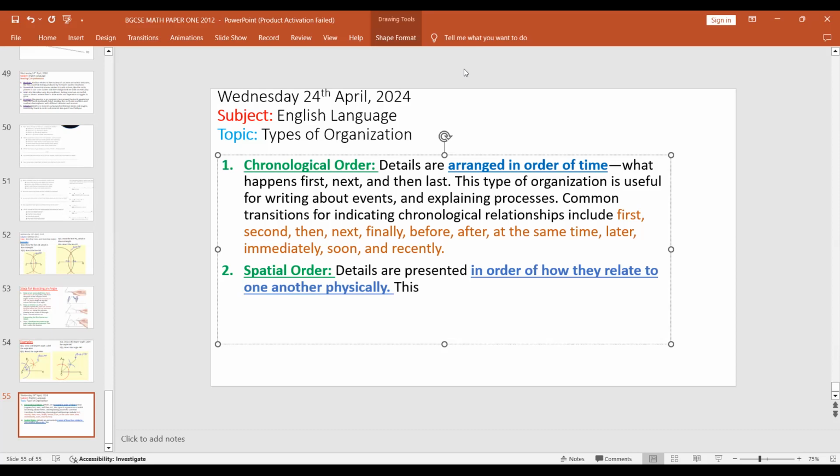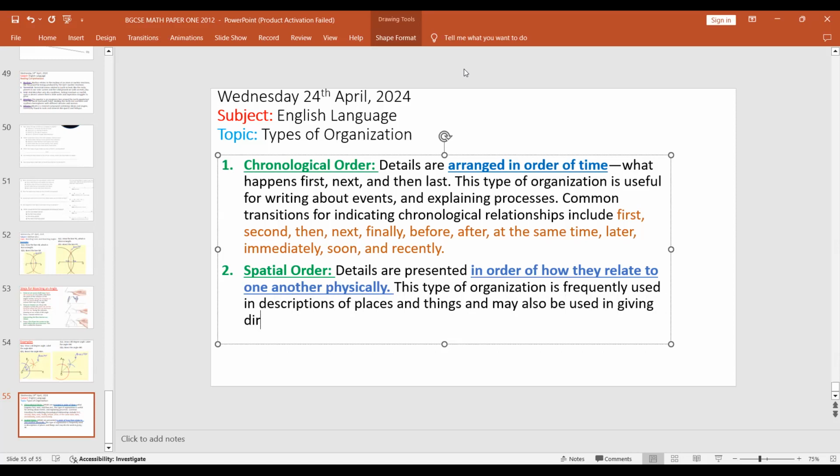So this type of organization is frequently used in descriptions of places and things, and may also be used in giving directions.